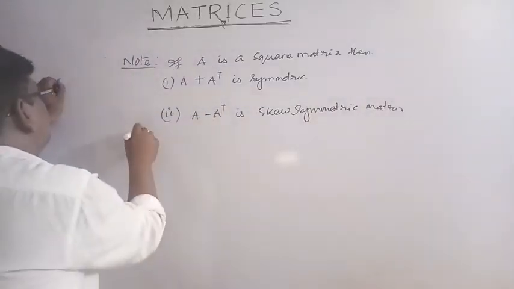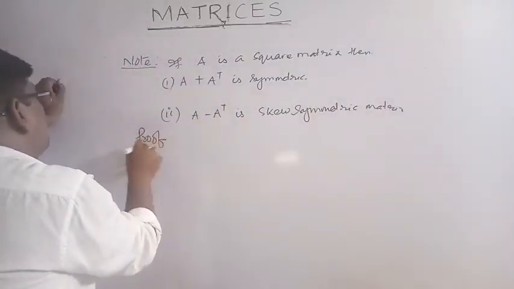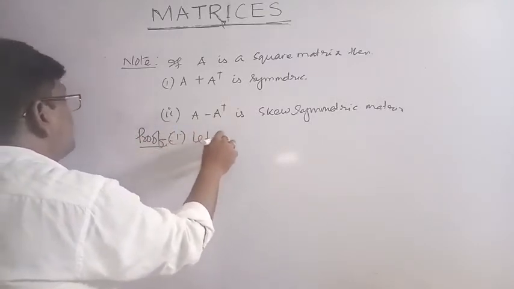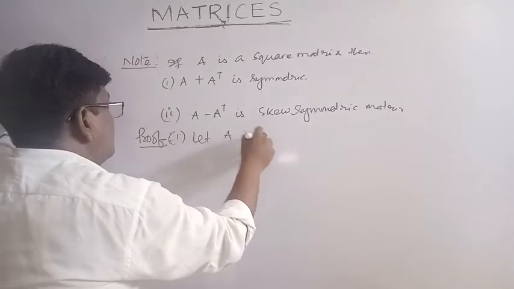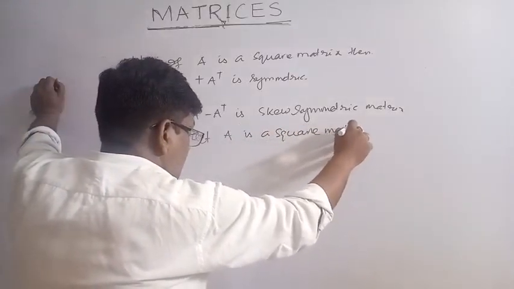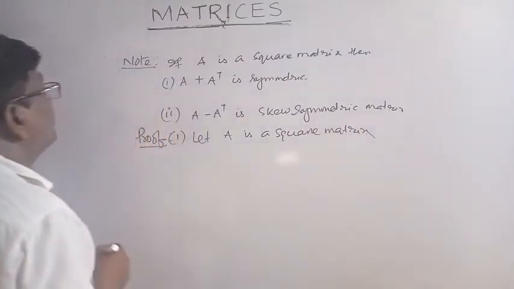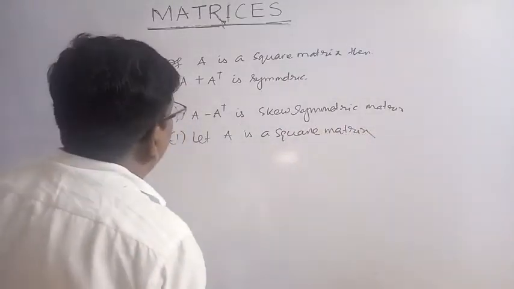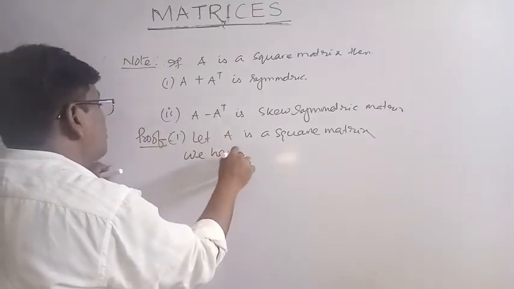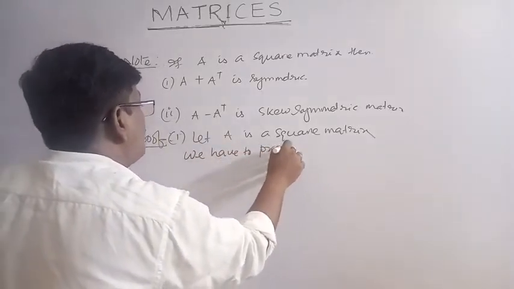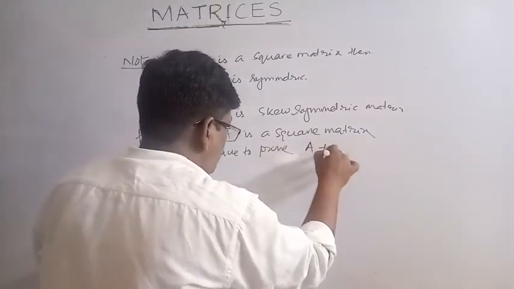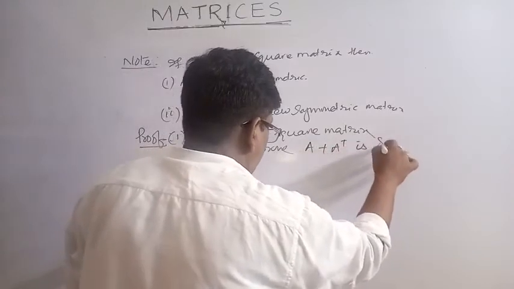Let's prove. Let us first prove. Let A be a square matrix. Now we have to prove A plus A transpose is a symmetric matrix.